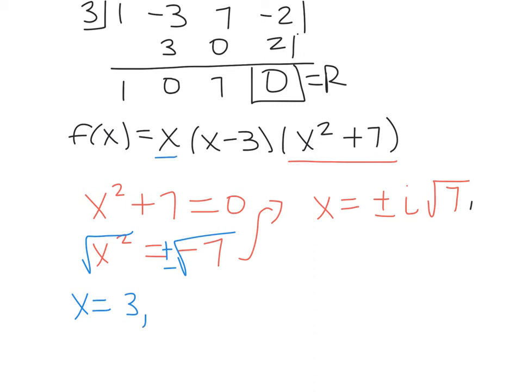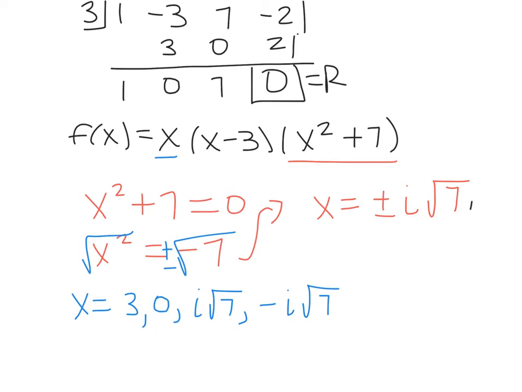For the factor of x, that's going to be a 0 of 0. And our other two zeros are the imaginary zeros, i square root 7 and negative i square root 7. Okay, so when we have one complex solution, we're going to have two, and they're going to be conjugate pairs. So that's what we have there.